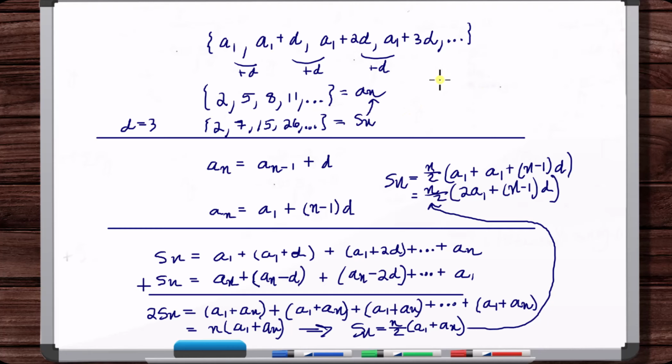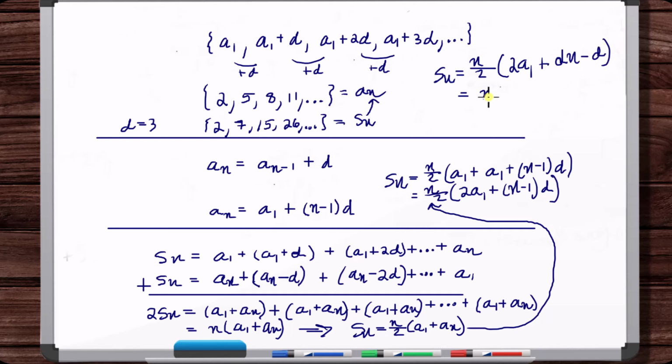Right, so let's do that. So s sub n is n over 2 times 2 a1 plus dn minus d.